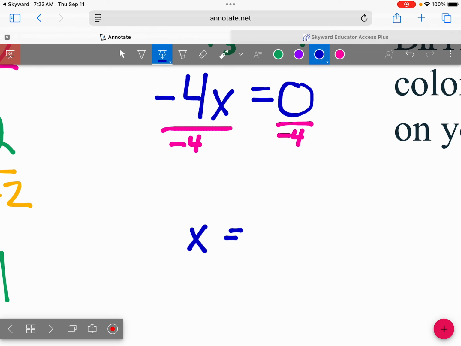I can split 0 into 4 pieces. I have no cookies to split among my 4 friends. I can have no cookies. It's 0. 0 does divide by 4. We cannot divide by 0, but 0 can be divided by anything. It's just 0. So my x is 0, my y is negative 1.